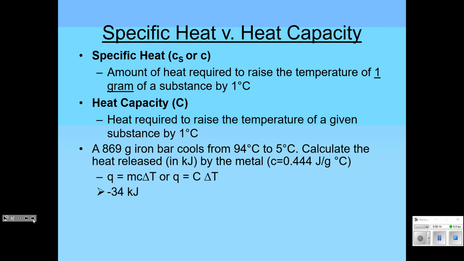Again, the reason why I wrote that second equation on there is heat capacity, capital C, takes into account both the mass and the specific heat capacity all at once. But like I said before, I primarily avoid that because I don't believe the College Board will do much with that either. But there is a slight difference between those two, so I wanted you to be aware of it.